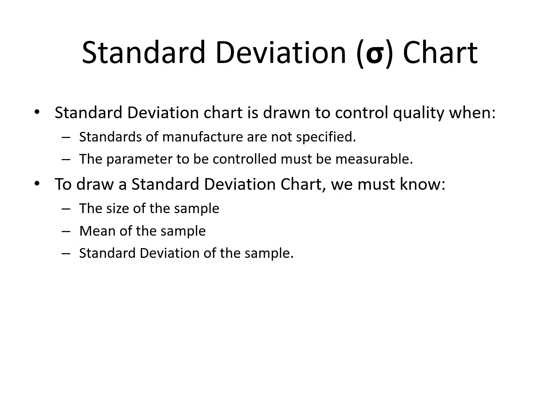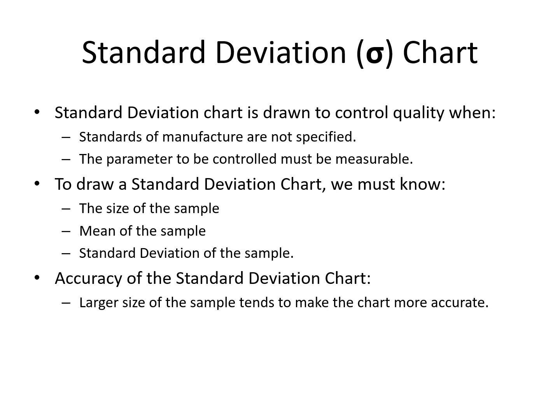While constructing it, what is important is the accuracy of the chart. We know from statistics that the larger the size of the sample, the more accurate the chart would be, or the sample would be more representative of the actual condition.